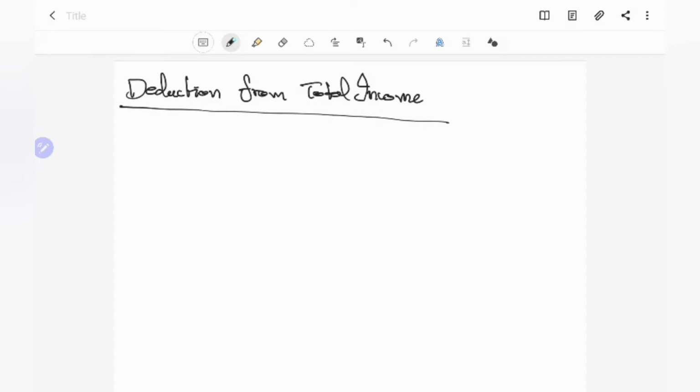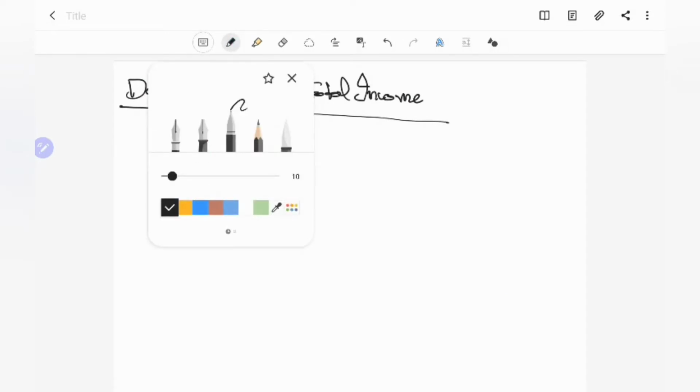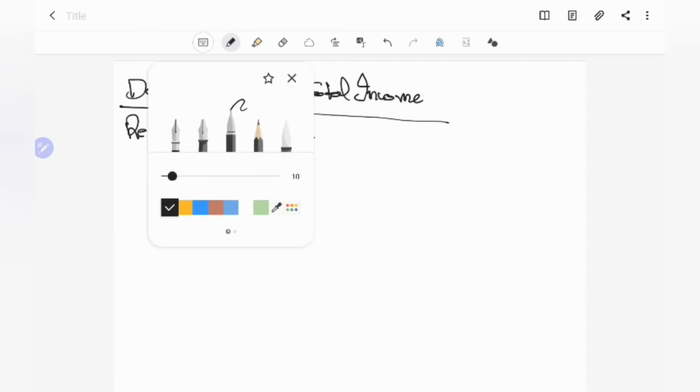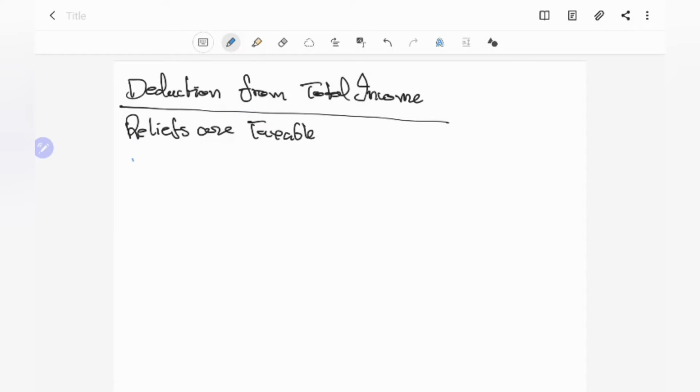Deductions from total income. Well, the reliefs are deductible. And the only reliefs examinable at paper Taxation UK are: number one, qualifying interest; number two, certain trading losses.